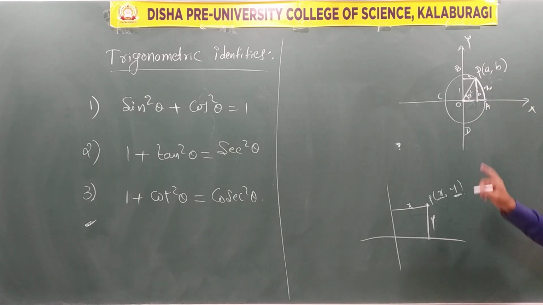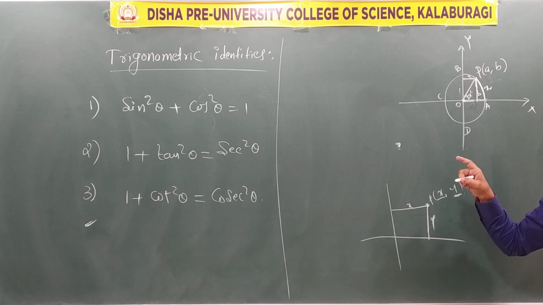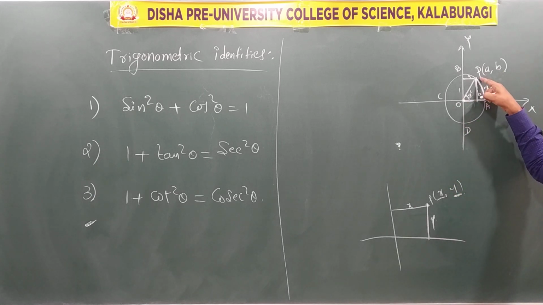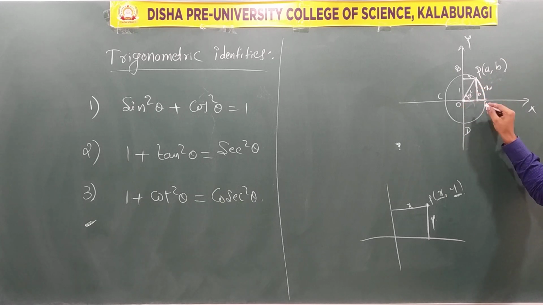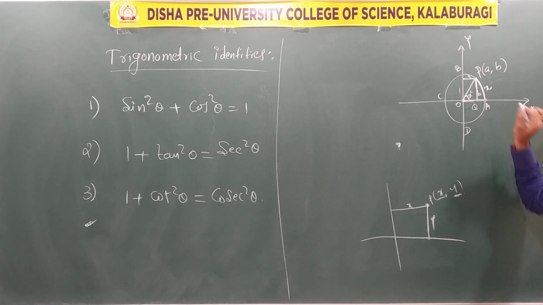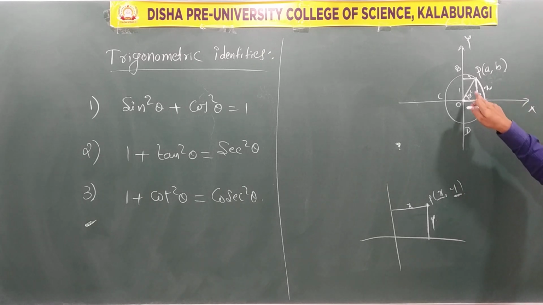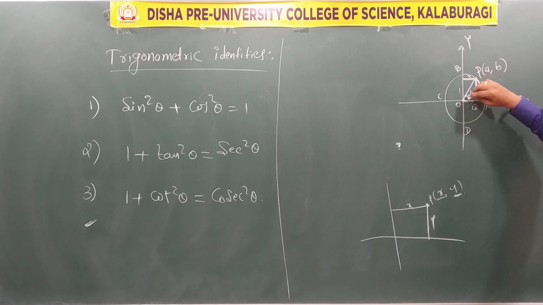Then I will define the sine function and cosine function in this triangle. Here P, O, this is the point. I will take this as Q. Observe here, the distance is A. This line is parallel to this line.